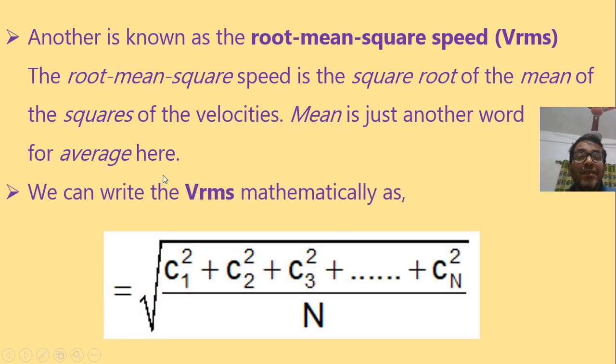So VRMS we can represent mathematically as the square root of C1 squared plus C2 squared and so on, where 1, 2, 3 up to capital N are the number of molecules. First we do the square, then we take the average, that is the mean, and after that we take the root. Then we say it is the root mean square velocity.